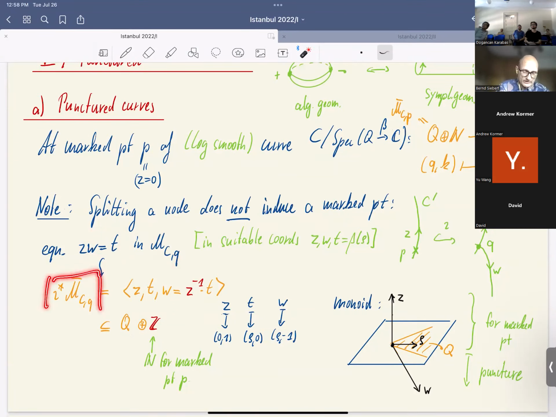So that means that pulling back, it's not generated by two generators, as we should have here, right? The Q would be just an N for the T, and then I have another copy of N, which would be the Z. But you have another one, which is what W was before. And you can rewrite this from looking at this equation as Z inverse times T. Okay, so that's an additional generator, and you see this negative power here.